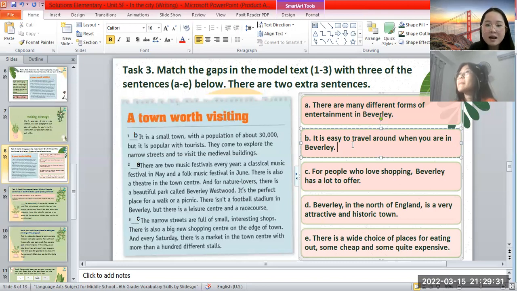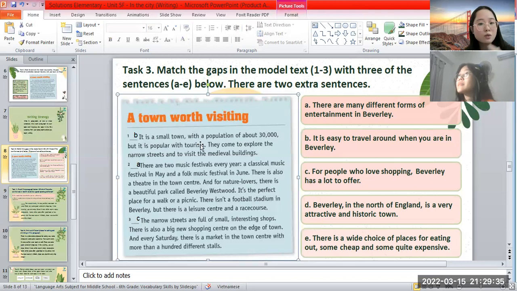However, in paragraph number one, it's just a description about the population and the streets of Beverly. It's a small town with a population. It is popular, with narrow streets and medieval buildings. So that is a description of the town.